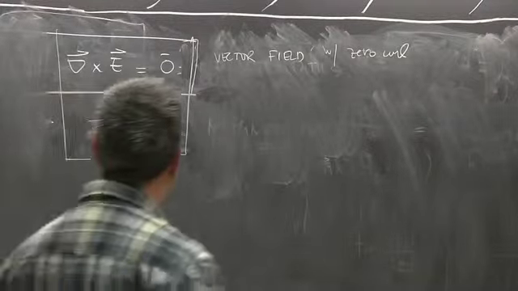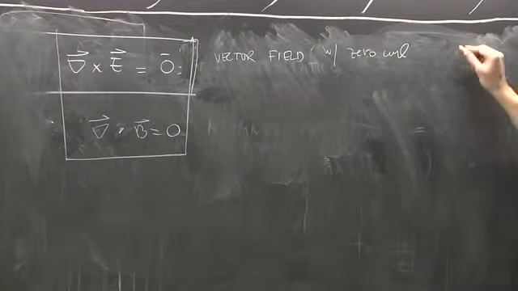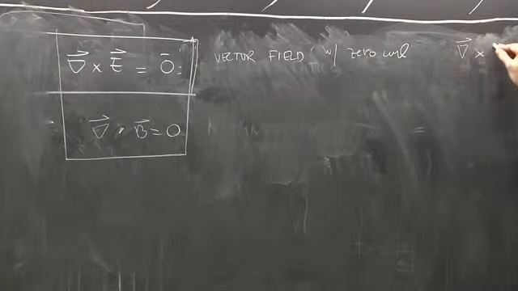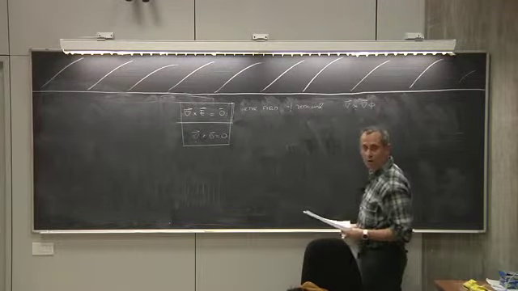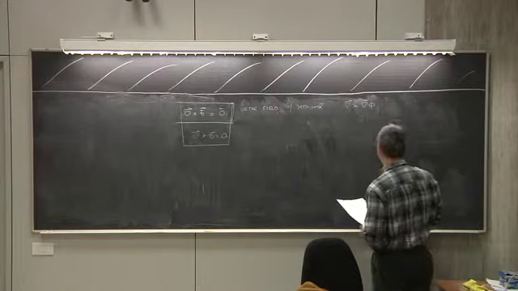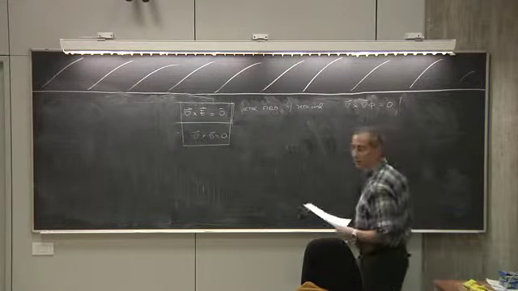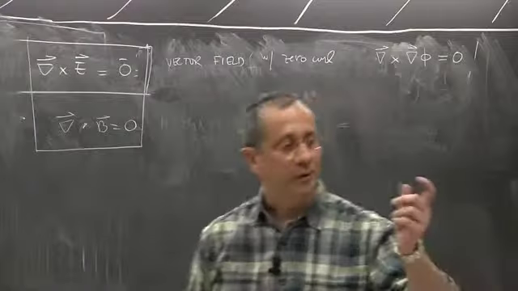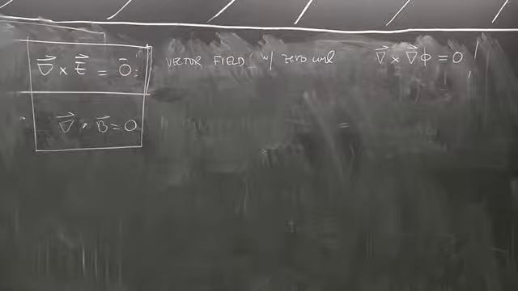And then if you remember your vector calculus, you remember this very nice fact: if you take a scalar field and take the gradient of it, and then the curl, this is equal to 0. The curl of the gradient of a scalar field always vanishes.